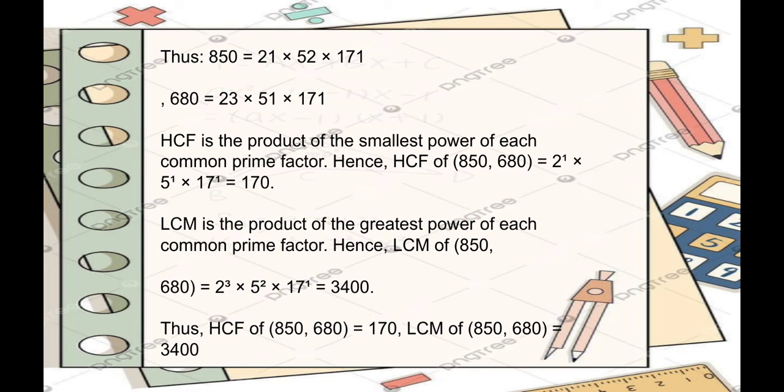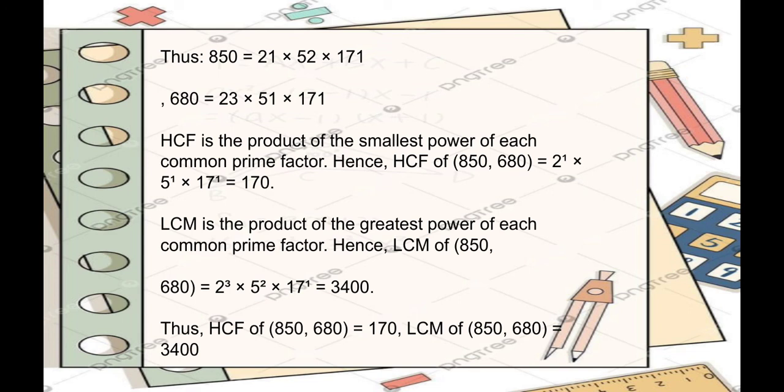So let's talk about the LCM, which is the product of the greatest power of each prime factor. The HCF uses the smallest power, and the LCM uses the greatest power.